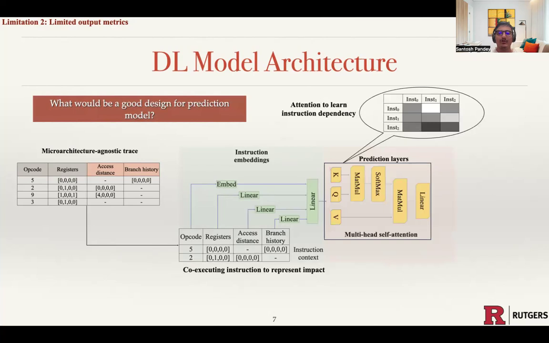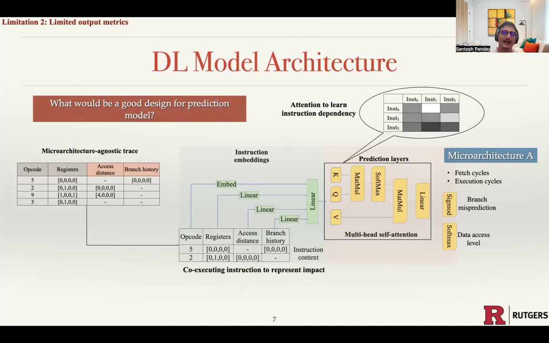And then we use a multi-headed self-attention layer to figure out the dependency between the instructions and then correlate that with performance metrics so that we can accurately predict metrics like fetch cycles, execution cycles, branch misprediction, and data access level for the instructions.